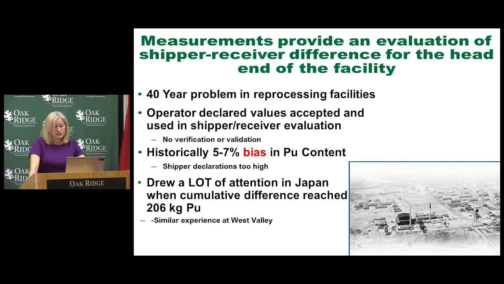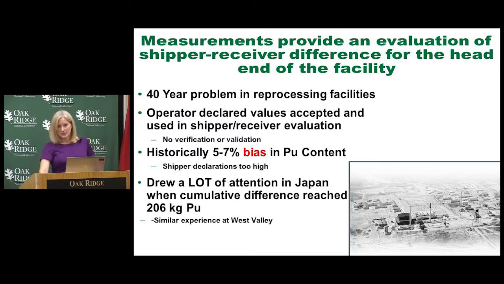This has come to the attention of the IAEA and also here in the United States, when we're trying to determine if we want to reprocess and we want to safeguard our spent fuel. The attention to the shipper-receiver difference came about when in Japan there was a cumulative difference that reached 206 kilograms of plutonium.